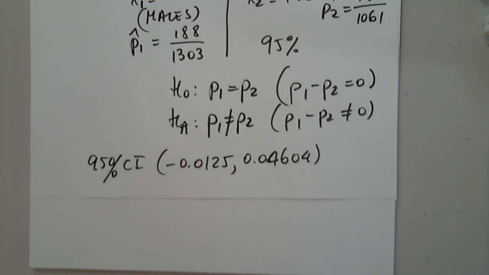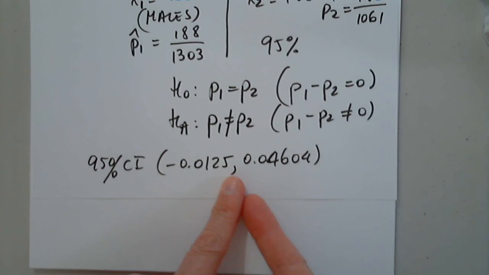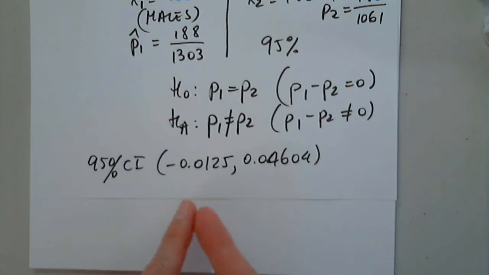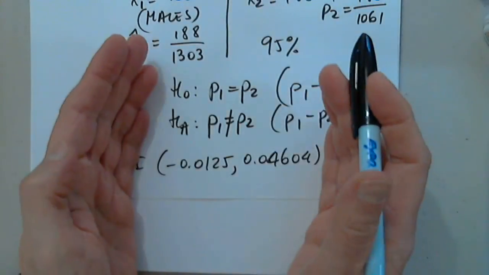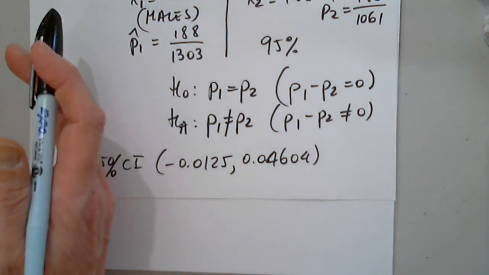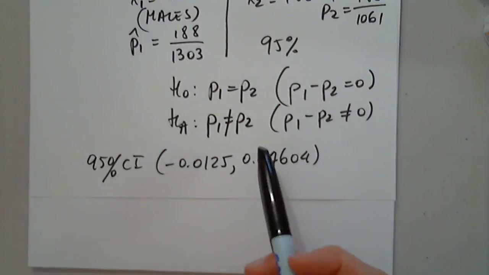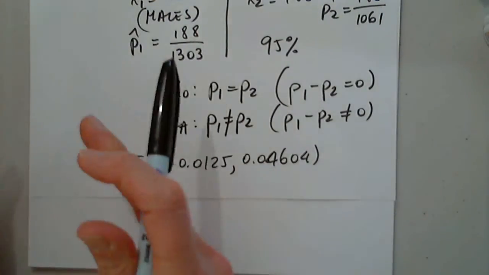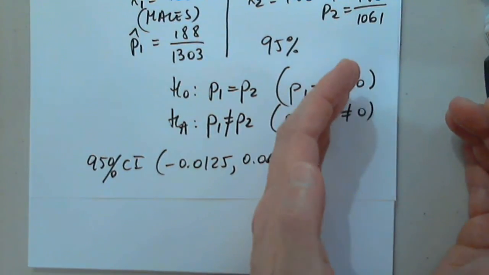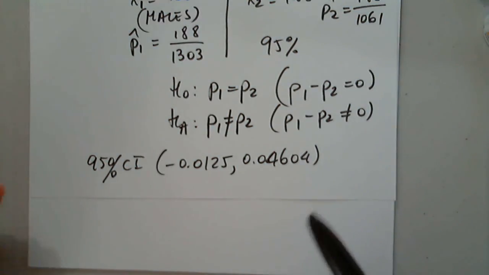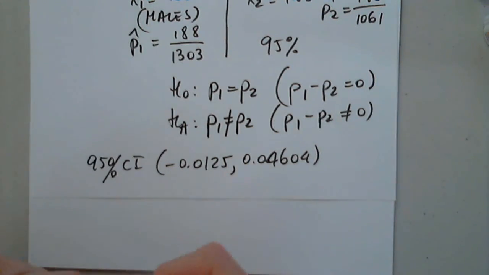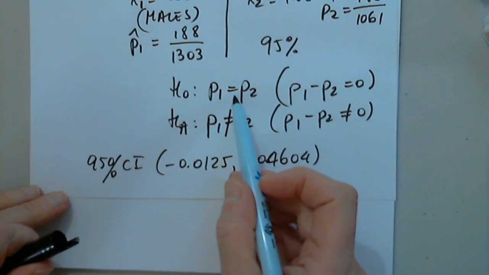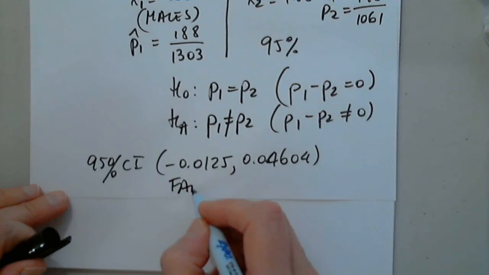No, it's fail to reject, yes, because 0 is there. Excellent. Thank you. 0 is in the interval, meaning if the interval were consistently negative, then I'd say yeah, of course. If the interval were consistently positive, then I'd say yes, of course. But since 0 is inside the interval, I cannot reject this. So fail to reject H0.